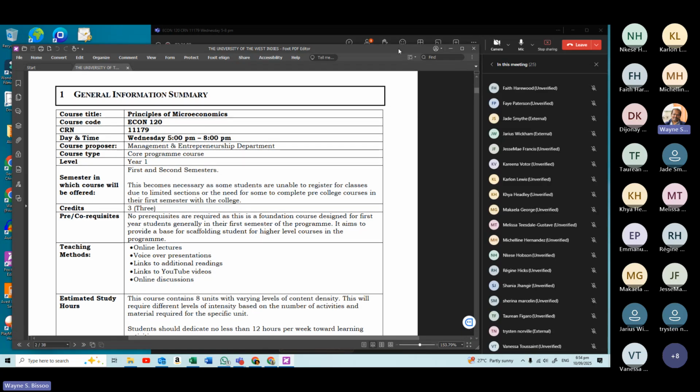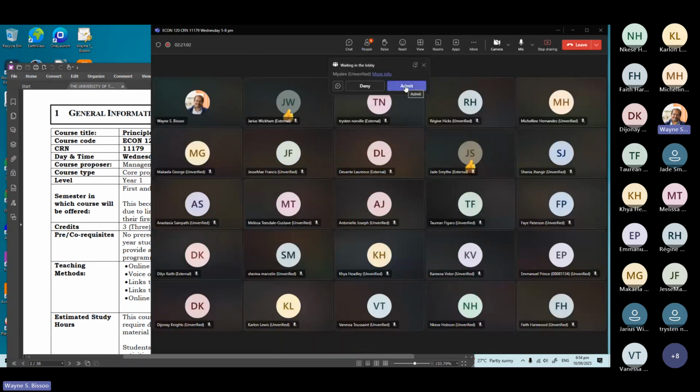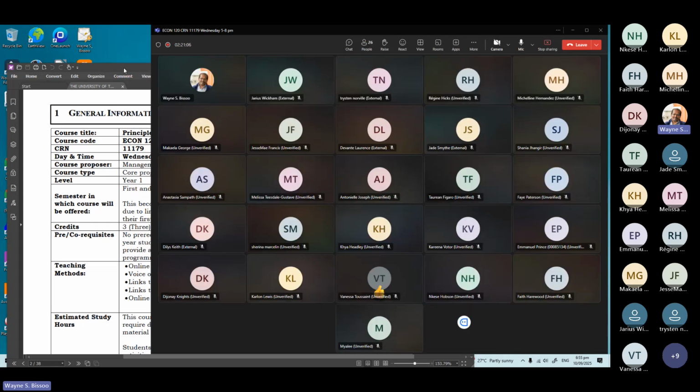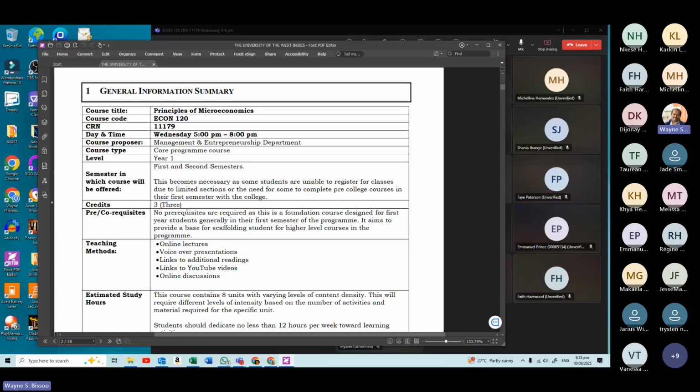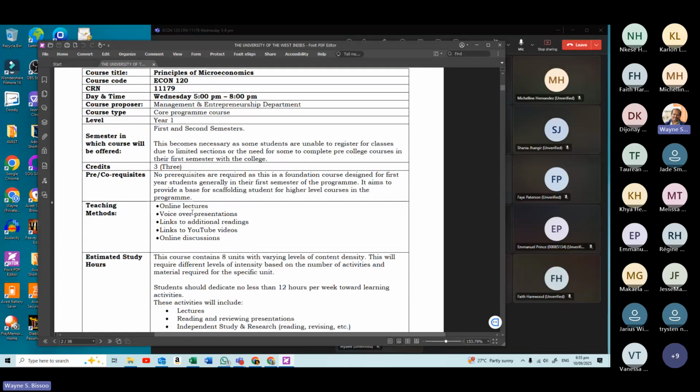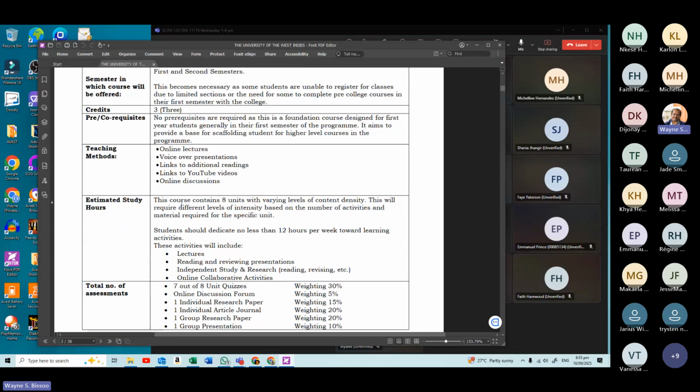All right. Somebody's trying to get back in. Okay. So you all can go through and read these sections. You'd notice this course contains 8 units with varying levels of content density.